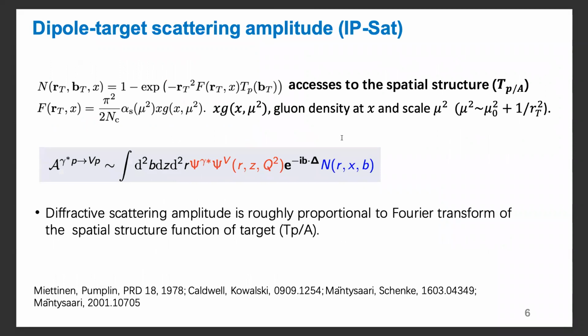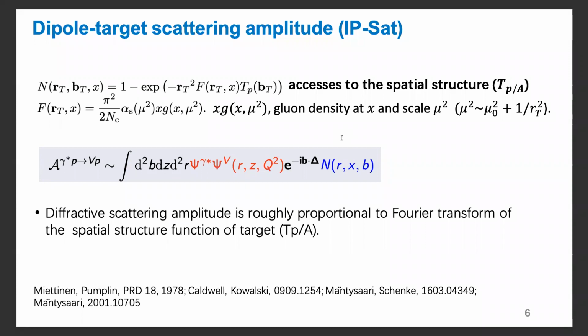Okay, let me talk about N, the dipole target scattering amplitude, since this is a very important object. First, I'll describe it in the IP-Sat parameterization, since this parameterization helps us understand the physical picture of the dipole target scattering amplitude. In the IP-Sat parameterization, the dipole target amplitude can be calculated with this formula.